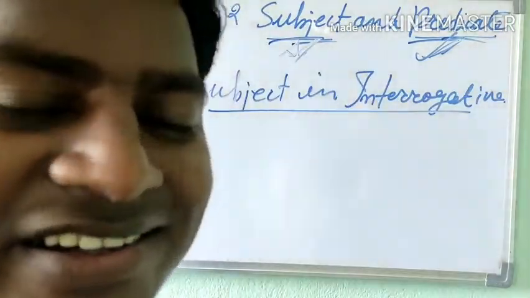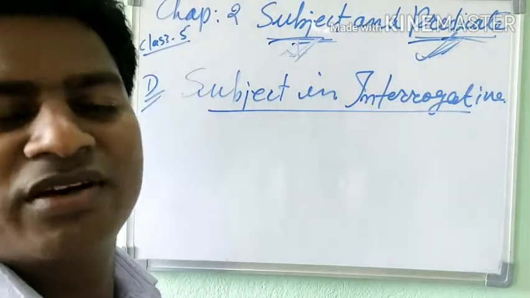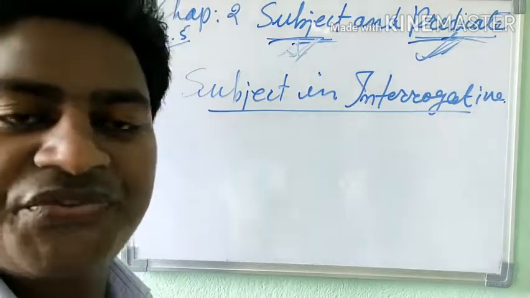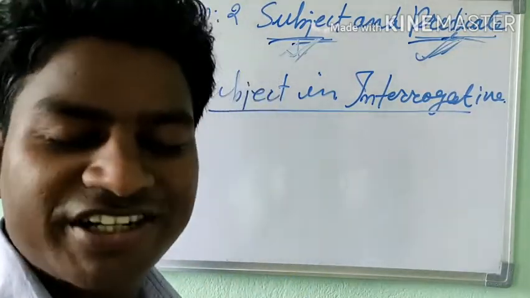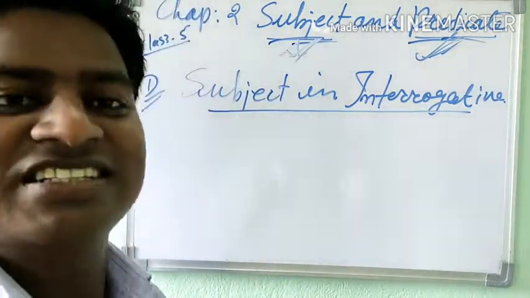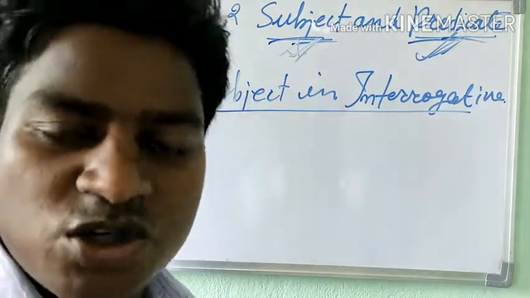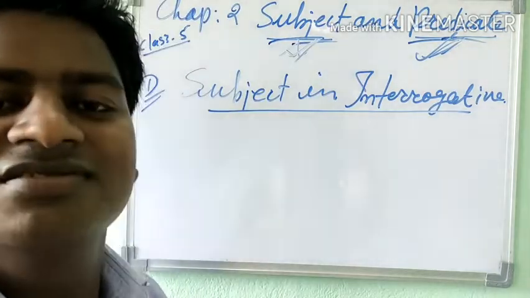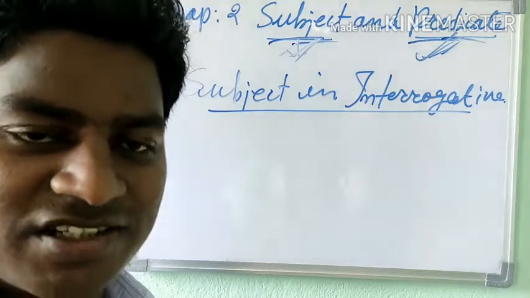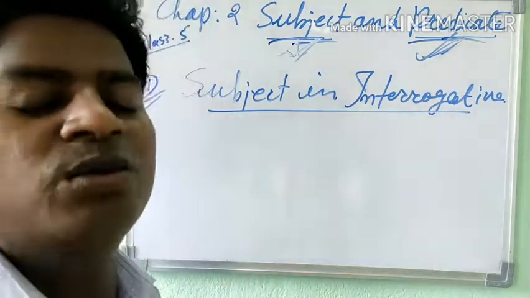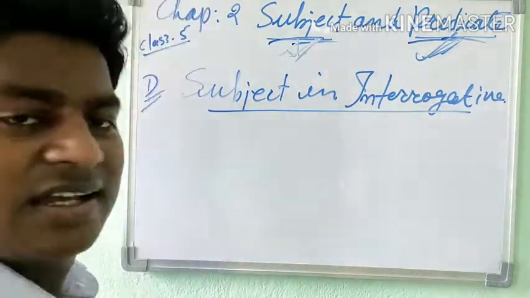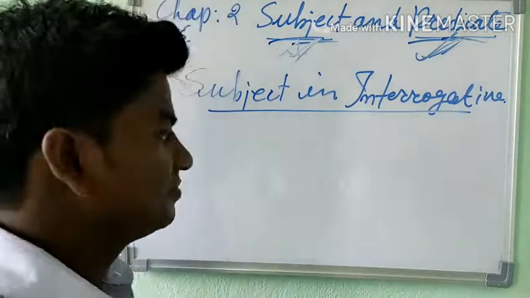Subject in interrogative. What is interrogative sentence? If you remember, the questioning. The sentence which asks questions is called interrogative sentence. So in that, how to find out the subject? Let's take the example.